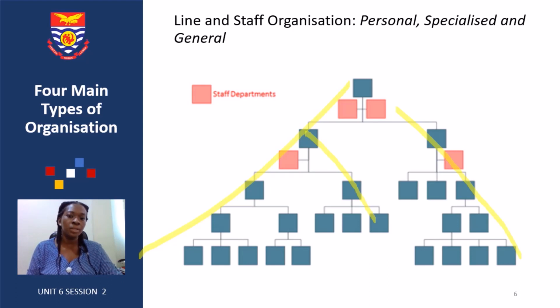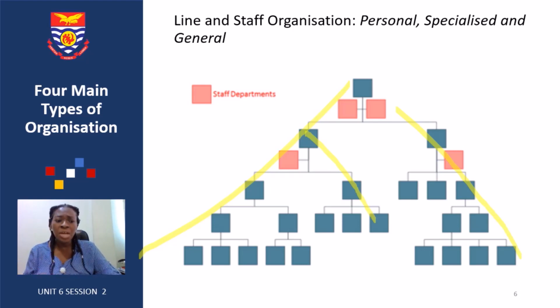And when it comes to the staff, they may be in three main forms. You may have the personal staff, like some managers who have their own personal assistants or personal advisors. These are all personal staff. You may have specialist staff, like I was talking about, having a lawyer or someone with specialized skills.